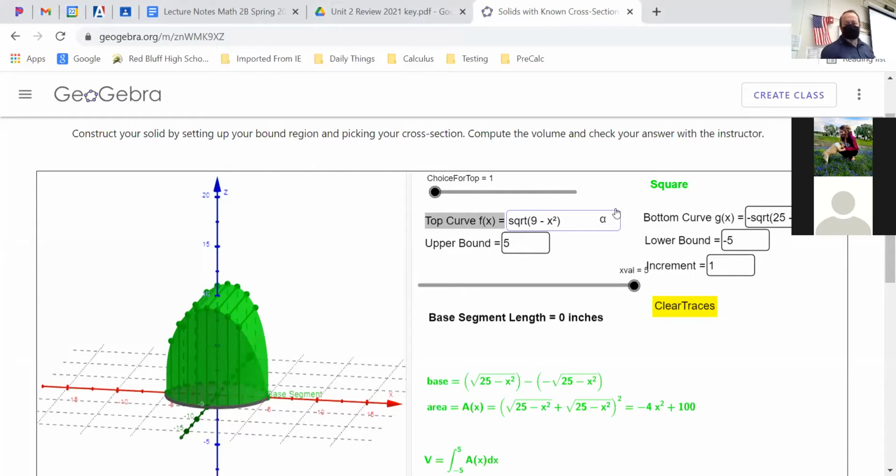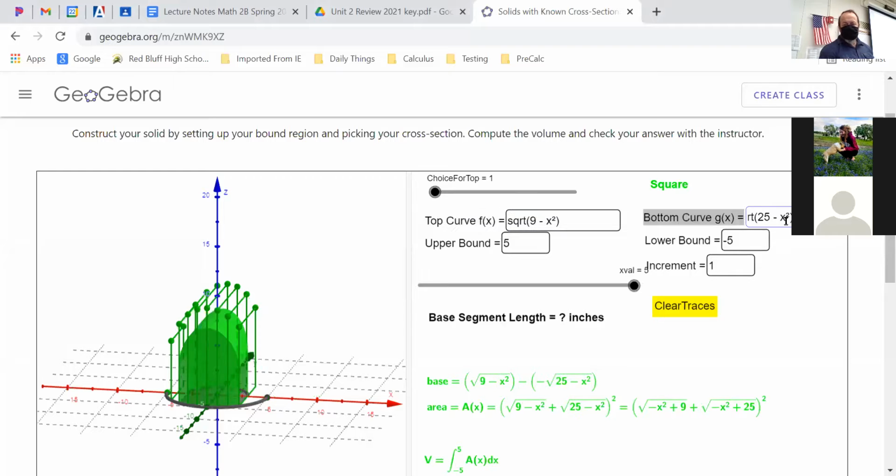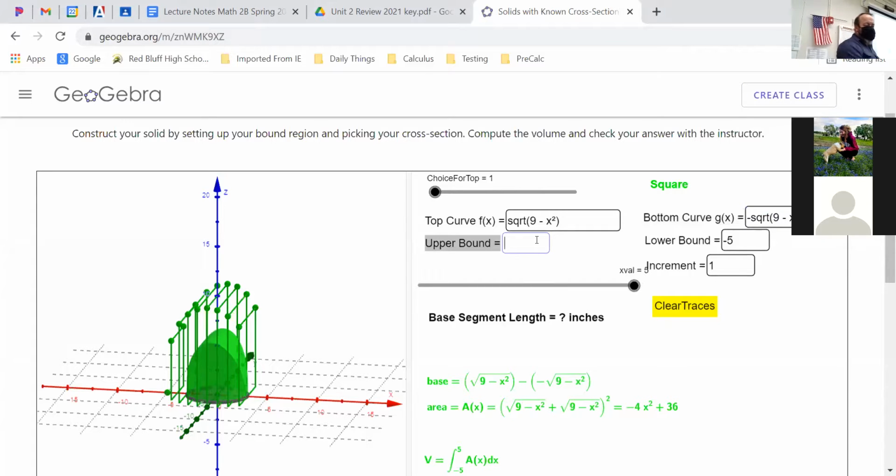It's 9 minus x squared on both sides. And the upper and lower bounds, how big and how small can x be? It's going to go from what to what? It's going to go from +3. This is the one criticism I would say. They should put lower bound first and upper bound second. I screw that up myself when I use this. Often I put it in the wrong order.